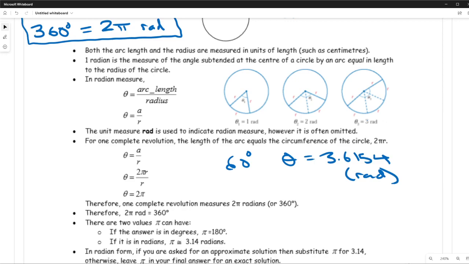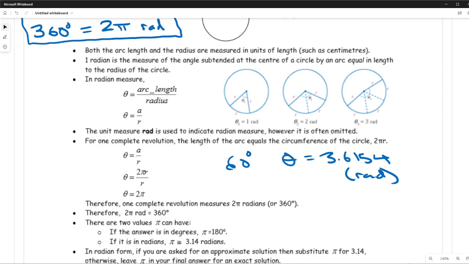So from now on, if you don't write anything, you're answering in rad. All of your answers are in rad, by the way. I'm not asking any questions about degrees whatsoever, so I'm going to assume they're in rad. If you need to write something in degrees, like in your communication, you just make sure you indicate that you're talking about degrees.